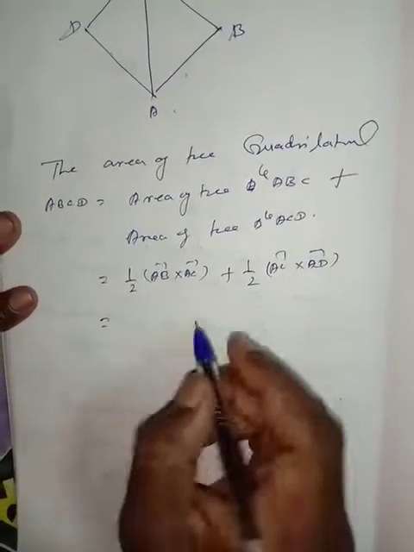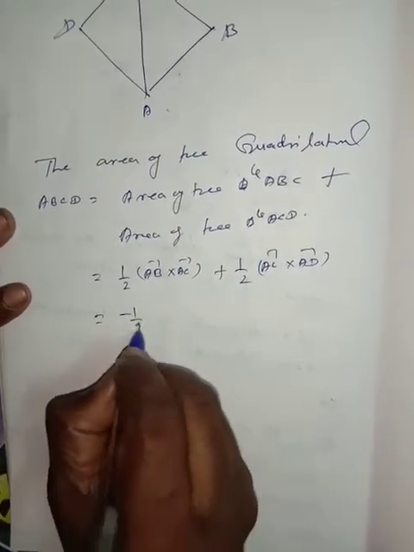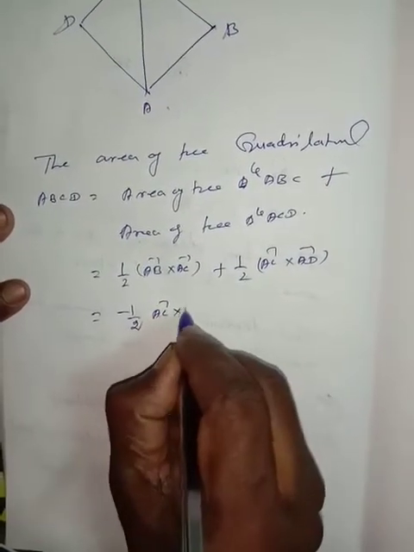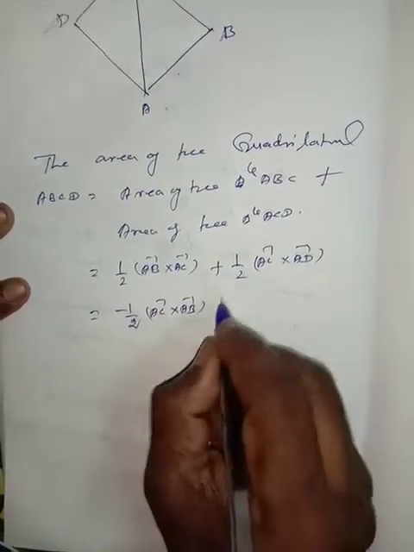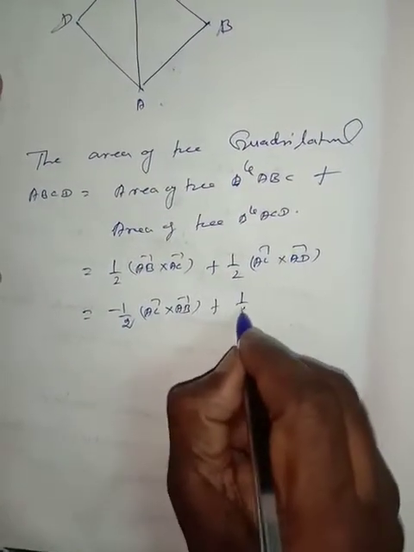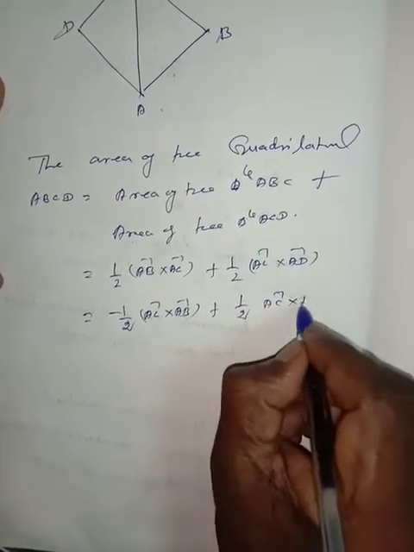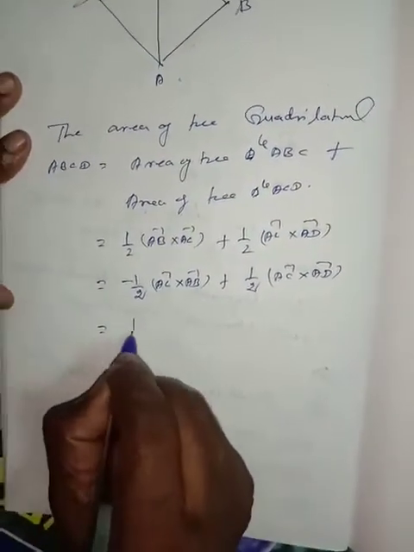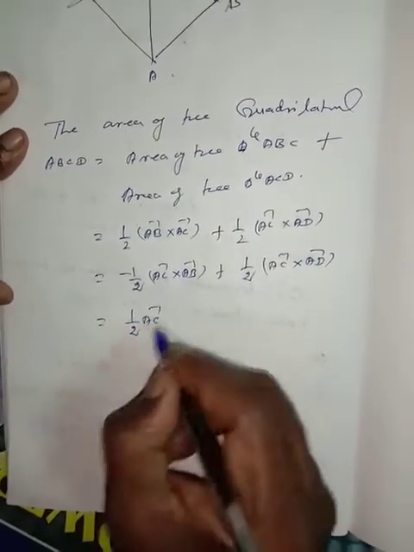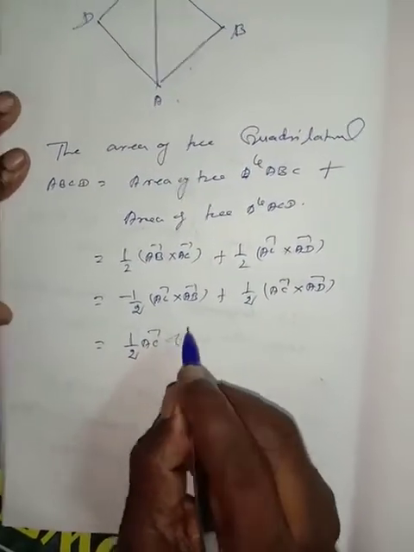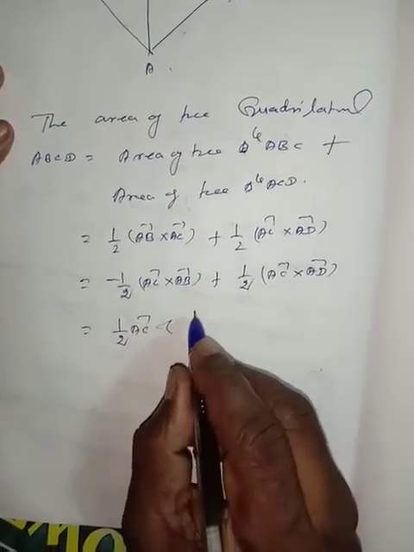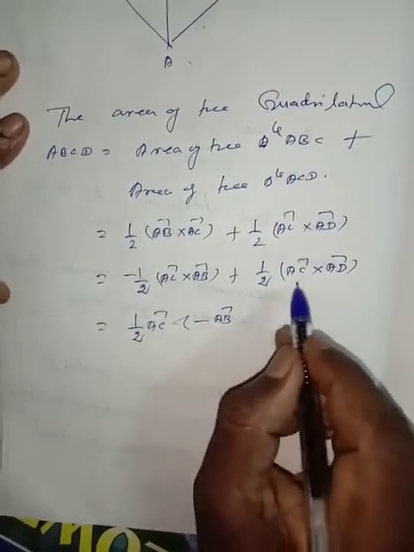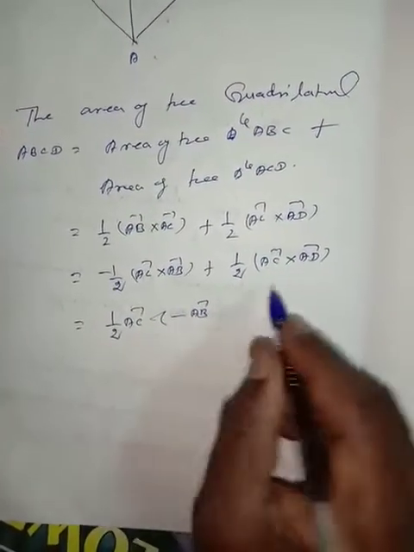This will be minus, interchanging, AC vector cross AB vector plus half into AC vector cross AD vector. Now common AC vector, therefore half into AC vector cross minus AB vector plus AD vector.